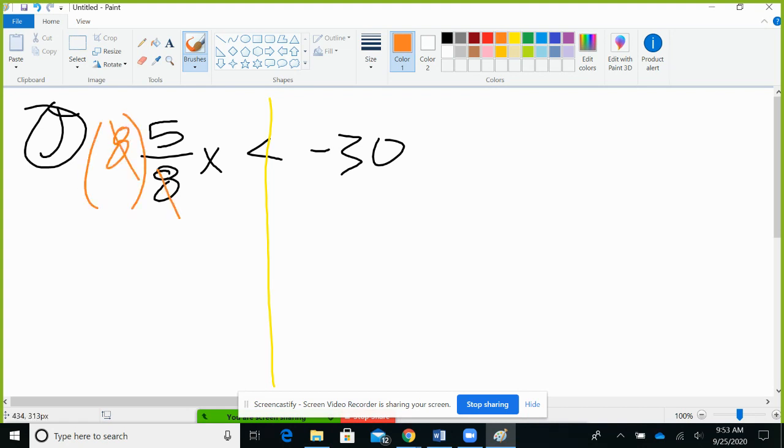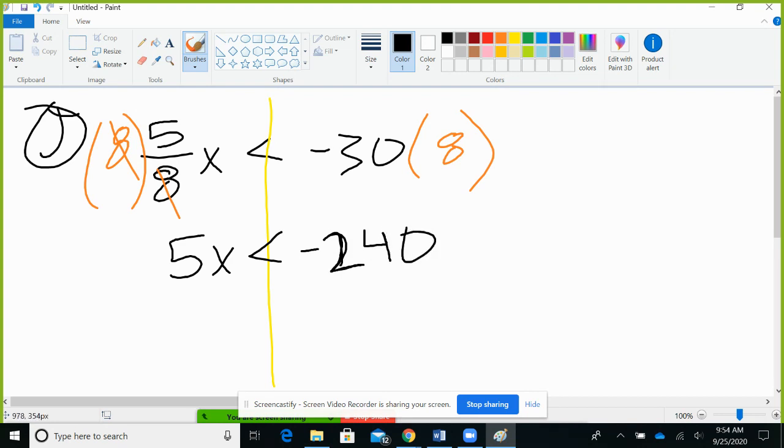Again, Cody, if you multiplied by the reciprocal, you just saved yourself a step. So multiply both sides by 8. So I have 5x is less than negative 240. All right, what's my next step? Canyon.